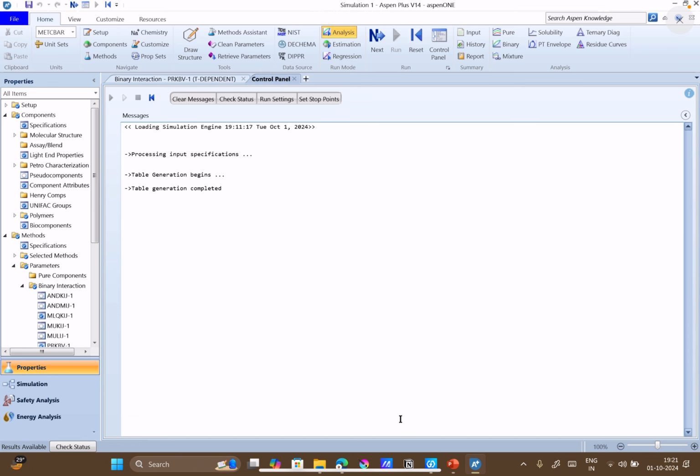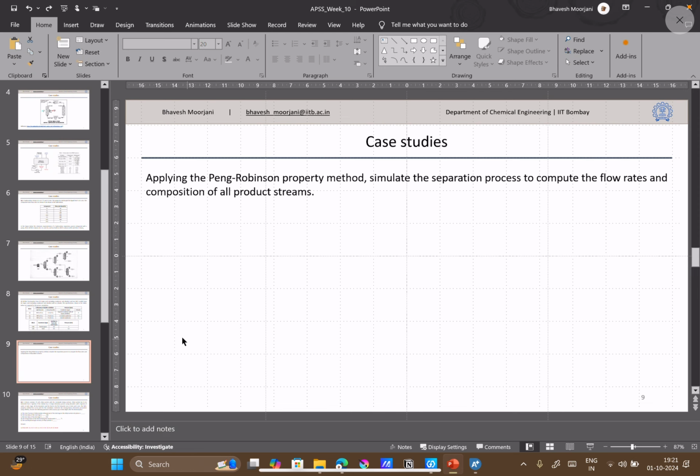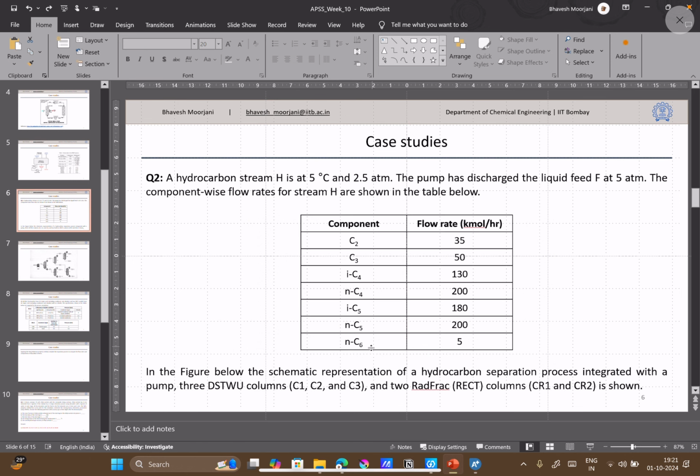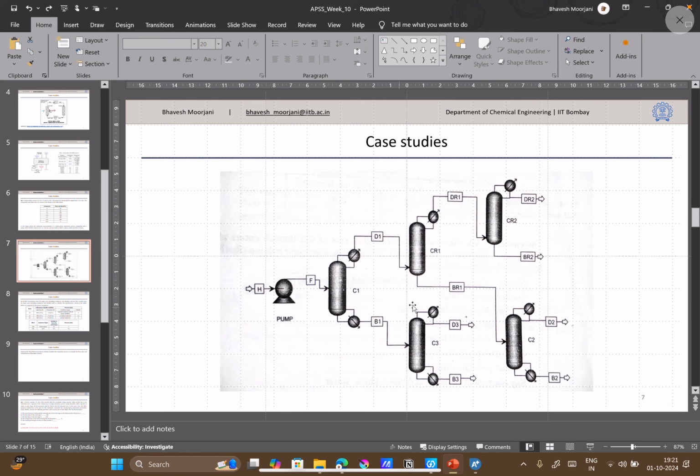Now here also, what do you think, what should be the separation pattern? Obviously with the increase in number of carbon values, boiling point will increase, right? But then which component should come from where? Can you guess it out?